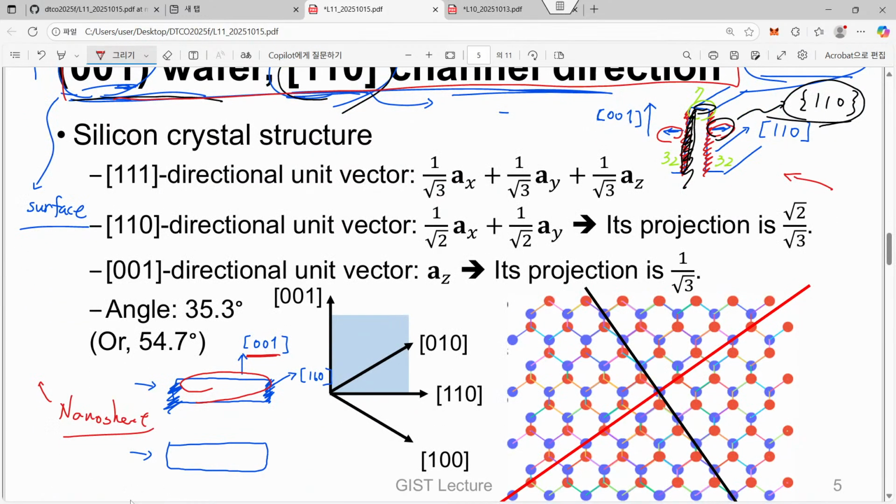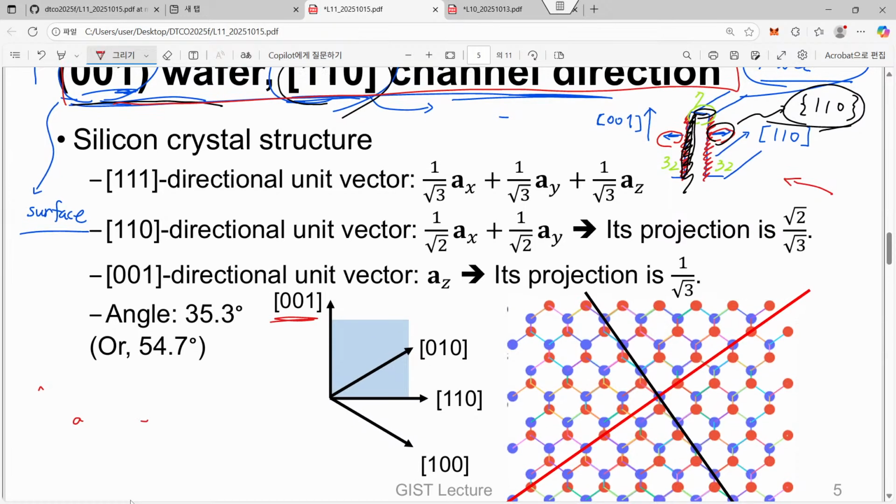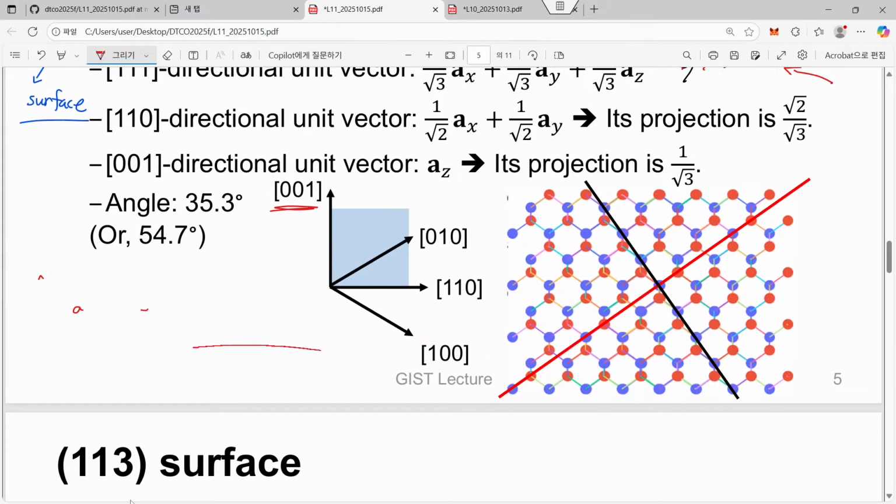I have prepared one coordinate system shown here, and it shows the current situation. Here we have the wafer normal surface, 110 direction, 001 direction, and in this figure, this horizontal direction is the channel direction, 110 direction.